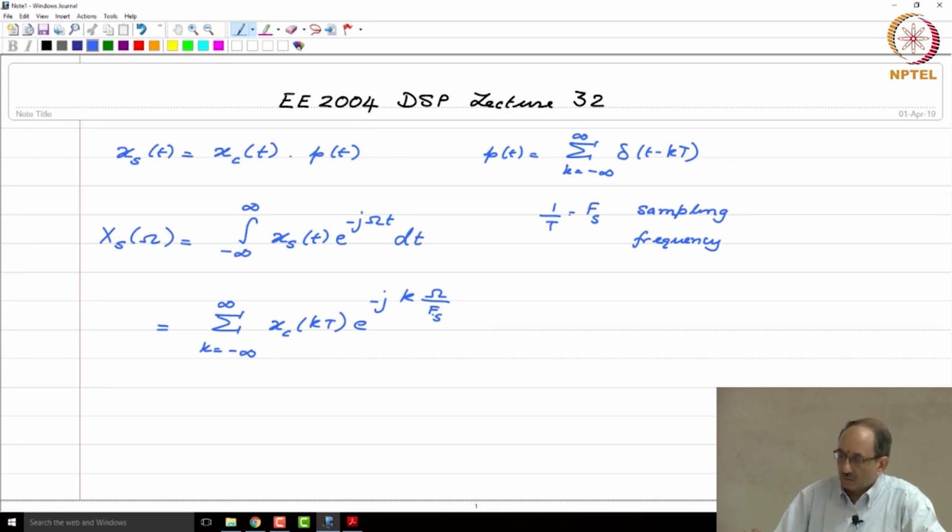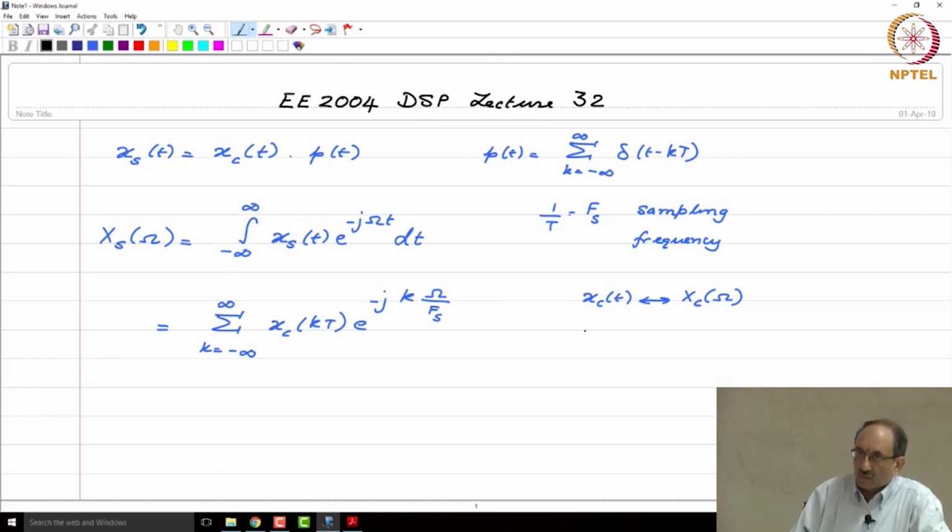Remember, our goal is to relate the continuous time Fourier transform of xc of t. Xc of t has continuous time Fourier transform xc of cap omega, and the other sequence that we are interested in is x of n, which has discrete time Fourier transform x of e to the j omega, and x of n is nothing but xc of n cap t.